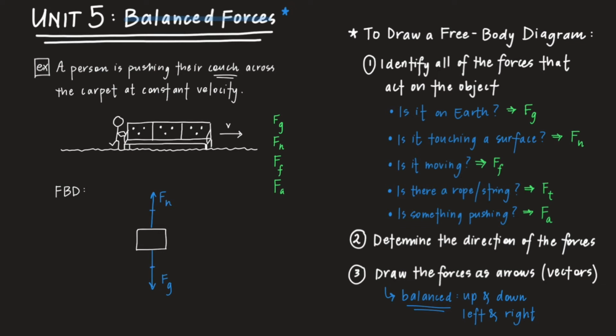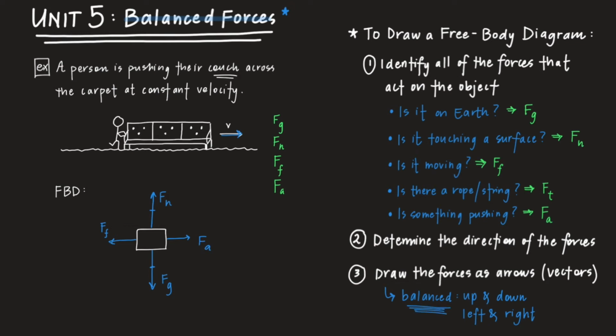Also, I know that friction opposes motion. Since friction opposes motion, we're moving to the right, which must mean that friction is pulling back to the left. Friction doesn't want me to be moving this couch. So the force of friction is going to point to the left, but my person is pushing to the right. So the applied force is going to be to the right.